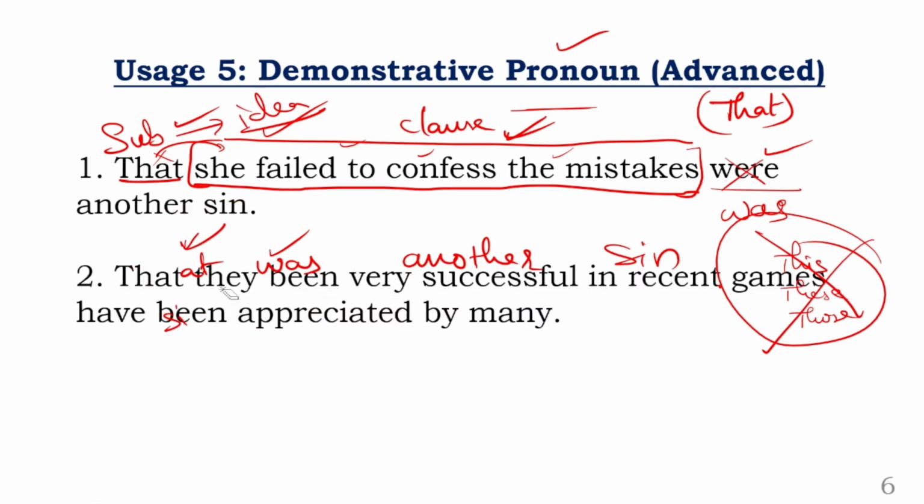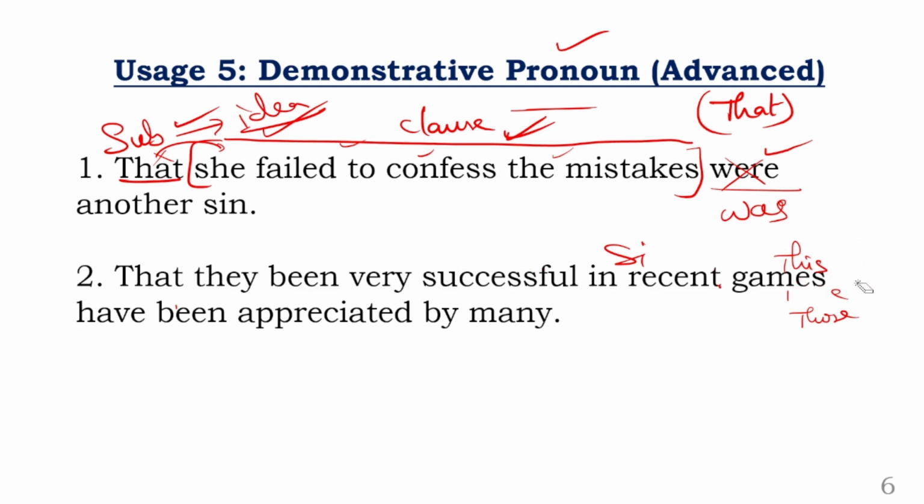And if you look at this combination, look at this sentence. Can you read this statement here? What is this statement? That they have been successful in recent games have been appreciated by many. So look at this combination, that again they have been very successful. Here the word they is a subject, been very successful is a verb combination.